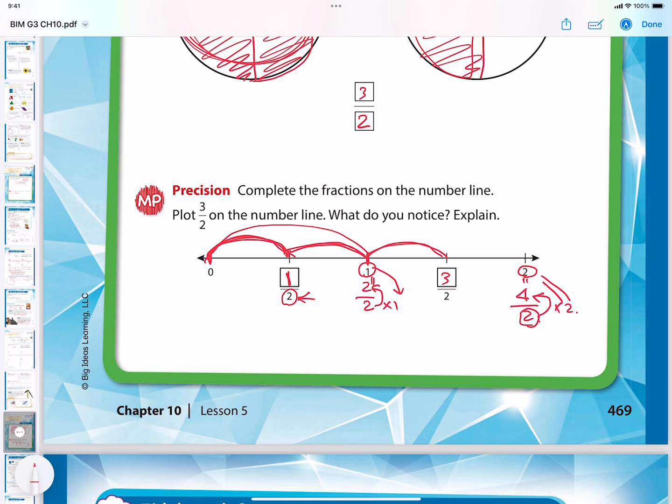All right, so let's explain. So I'm going to write this way. 3 over 2 is greater than 1. So 3 over 2 is the same as 1 whole and 1 half.